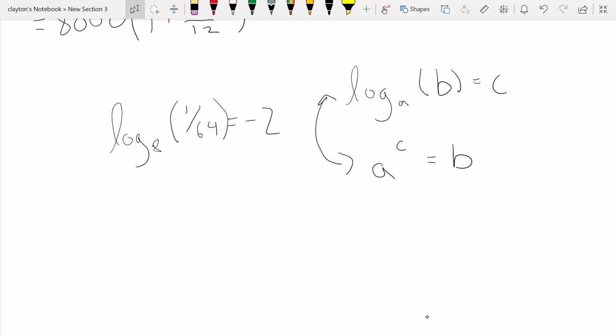So in our case, our A is 8, our C here is -2, and our B is 1 over 64.